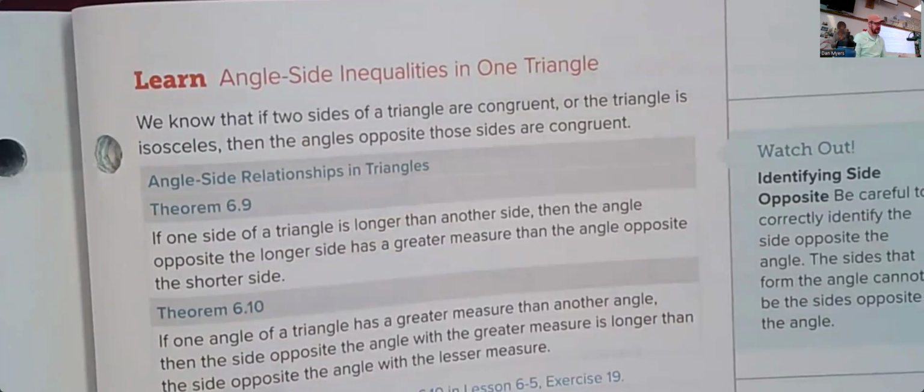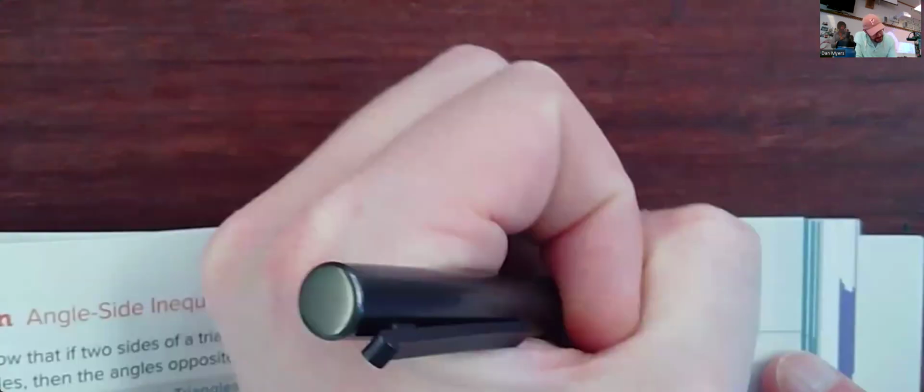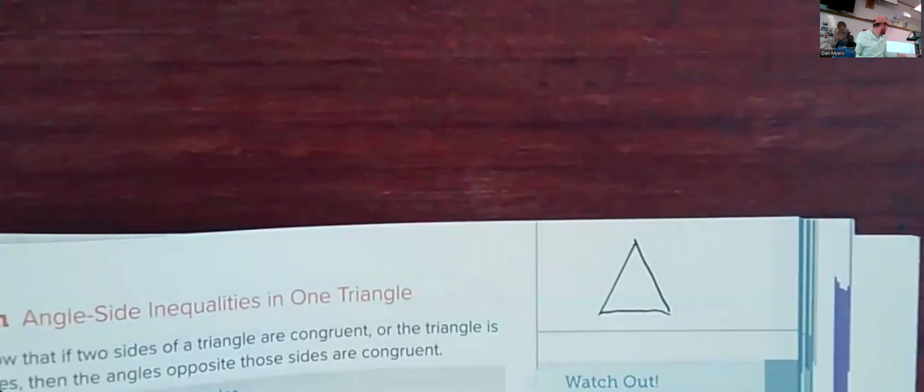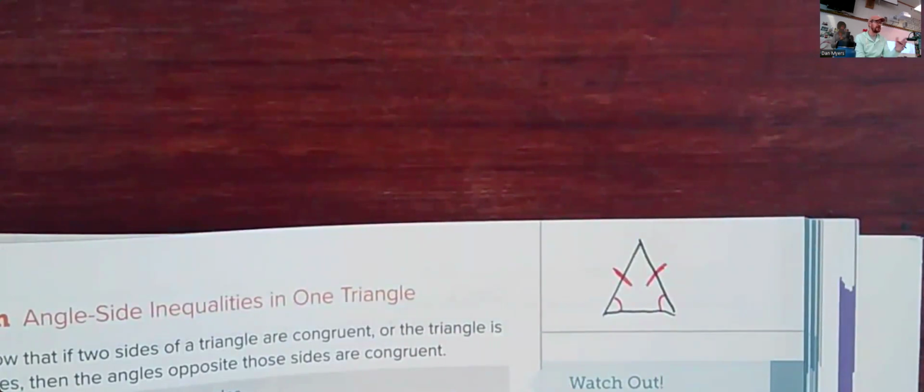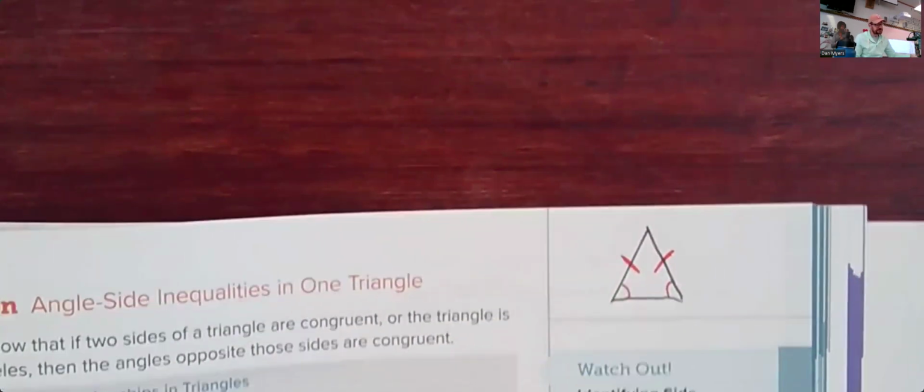If you have an isosceles triangle, not only do you have two congruent side lengths, you also have two congruent angle measurements. We learned that back in the triangle unit in the first part of geometry. So isosceles: two congruent sides, two congruent angles.